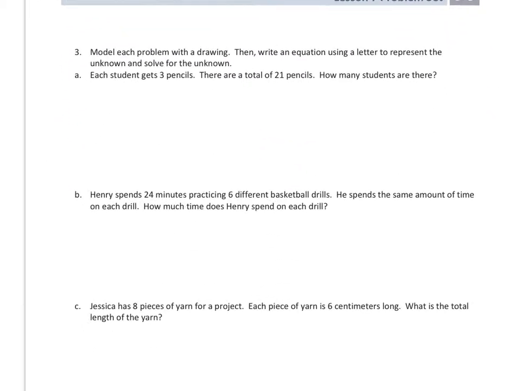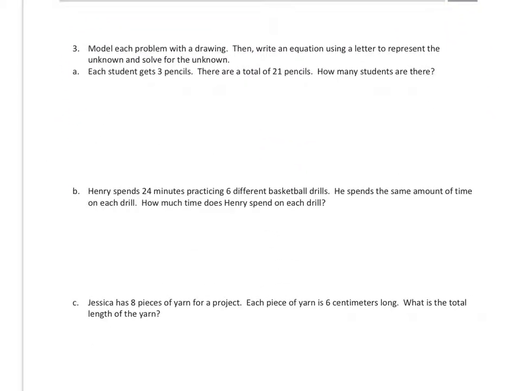This talks about modeling each problem with a drawing, then writing an equation using a letter, don't forget the letter, to represent the unknown and solve for the unknown. So all this is about using that letter to represent the unknown. We're going to draw first, then write. Read, draw, write. Let's read it first.